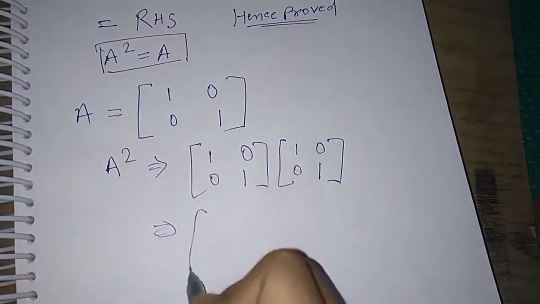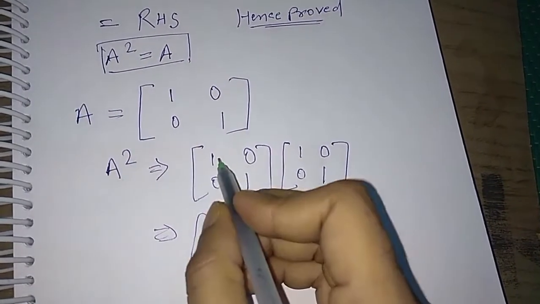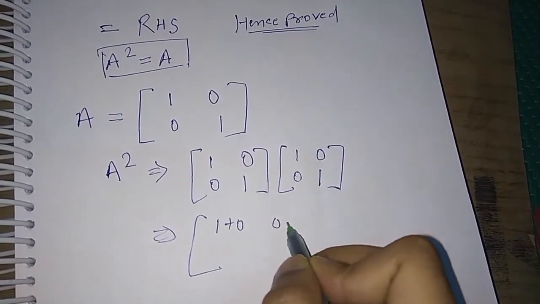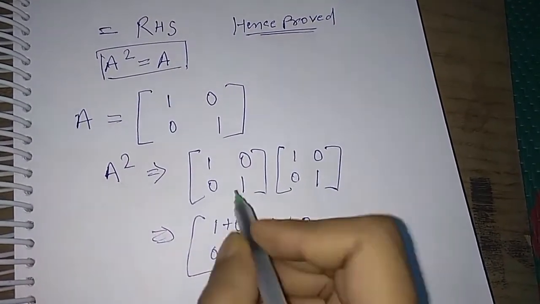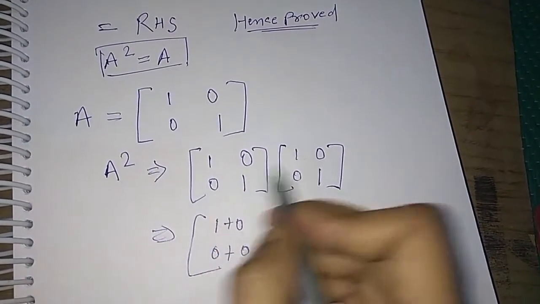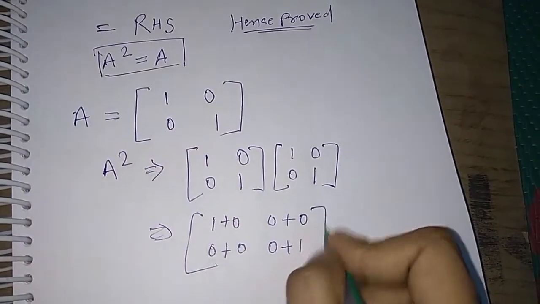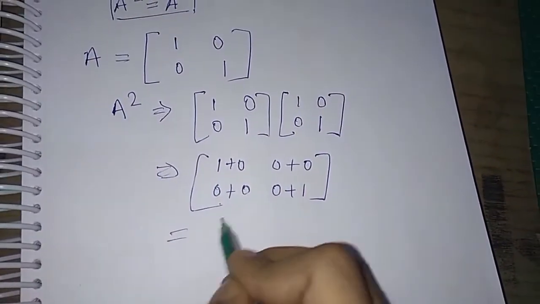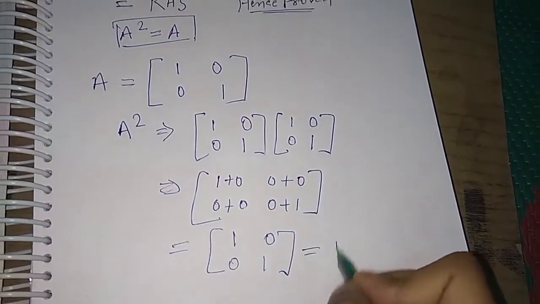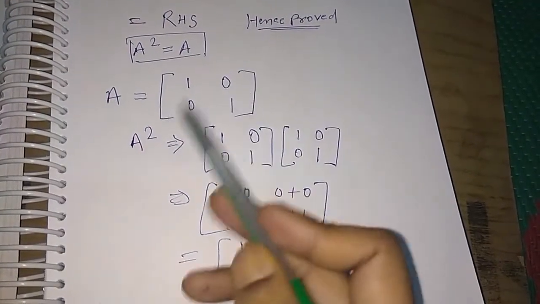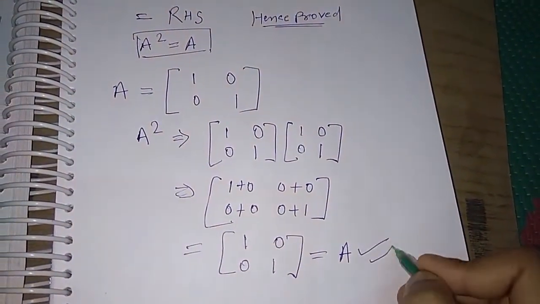The result will come as 1 into 1, 1, 0 into 0 plus 0, 1 into 0 that is 0 plus 0 into 1 that is 0, 0 into 1 that is 0 plus 1 into 0 that is 0, 0 into 0 plus 0, and 1 into 1, plus 1. So after solving we will get 1 0 0 1. So that is the same. So this example is also an idempotent matrix. Hence proved.